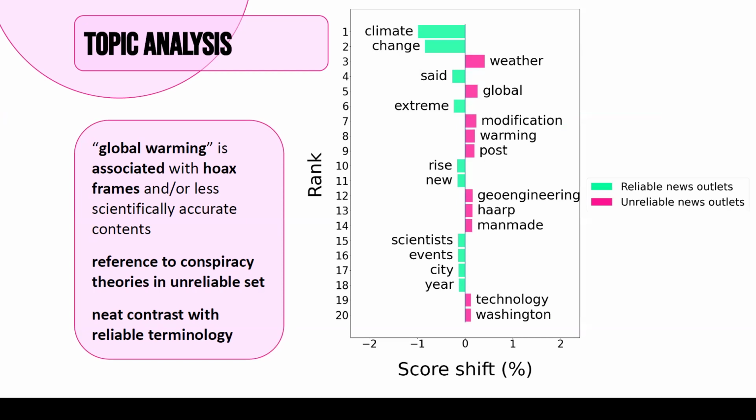In the same column of the same group of unreliable set, we can discover also some conspiracy theory terminology, let's say, like man-made geoengineering, that refers to the fact that these news outlets probably were referring to a conspiracy theory in which hurricanes are man-made, basically, made in a laboratory.